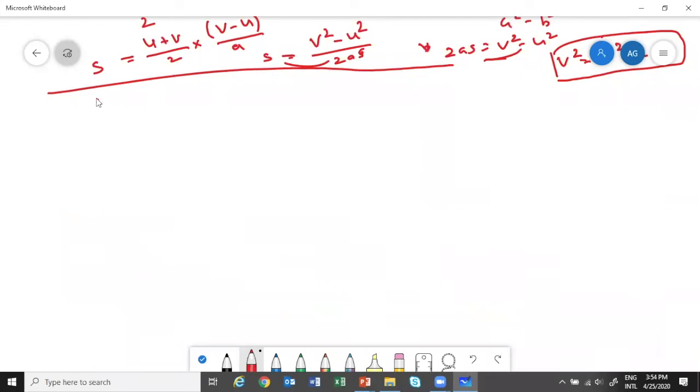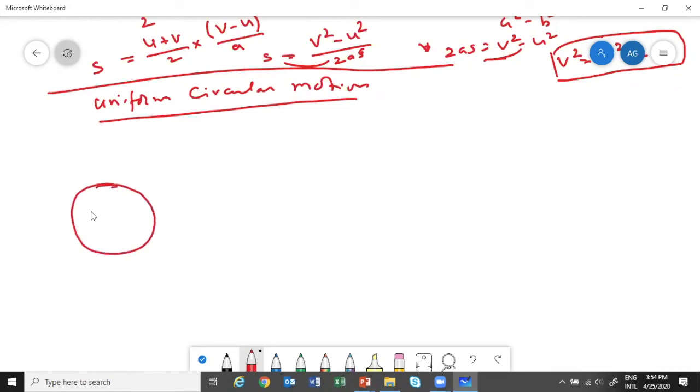Okay, uniform circular motion. See, this is a circle. If something is moving with a constant speed along a circular path, the direction of the motion keeps changing continuously.